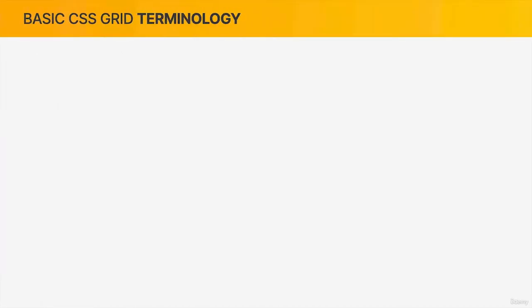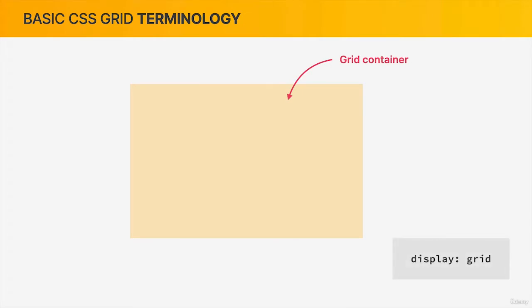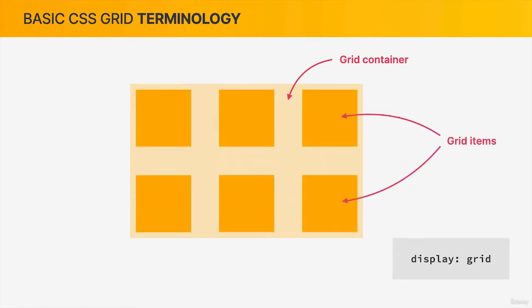And now we need to once again talk about some terminology here so that when I talk about CSS Grid, we are all on the same page here. So as we just learned already, the grid container is basically where everything happens, and we create a grid container by setting its display property to grid. Then all the child elements of the grid container will be the grid items.